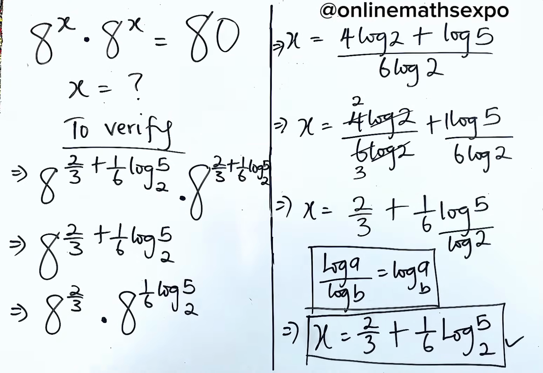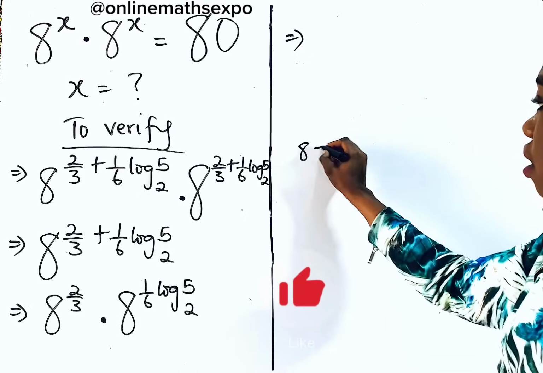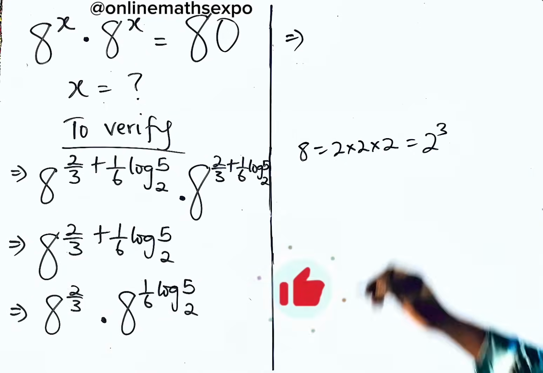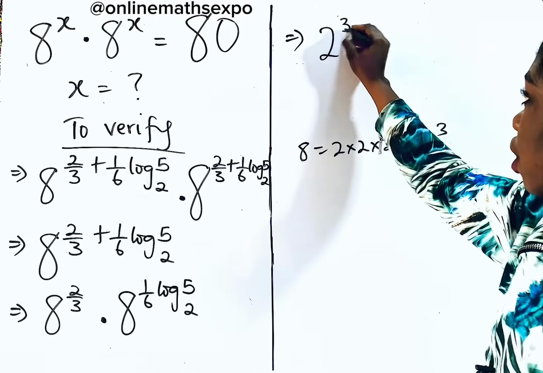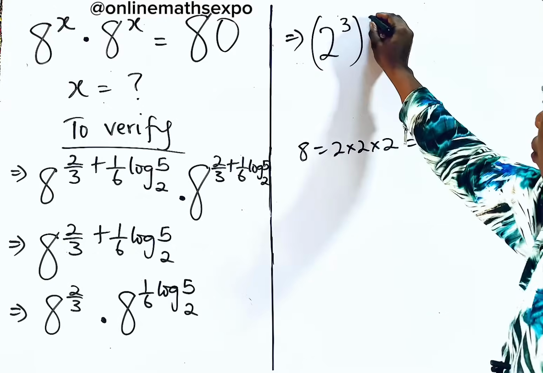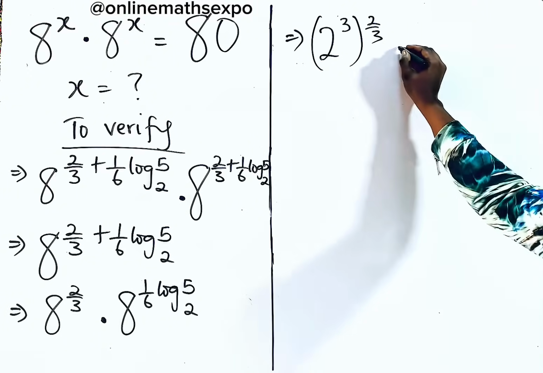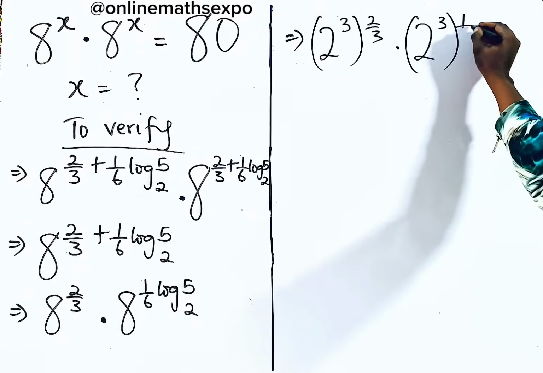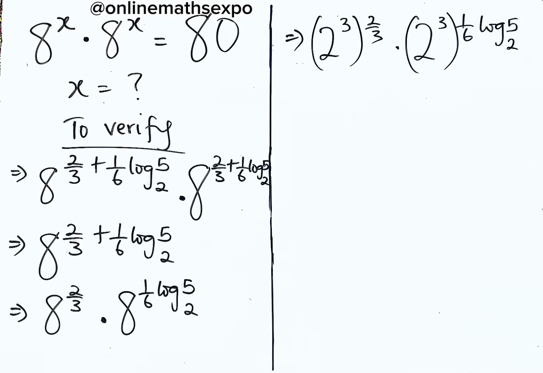So keep simplifying. We know that 8 is 2 times 2 times 2, which is 2 to the power of 3. So we are going to have 2 to the power of 3 raised to the power of 2/3, okay? Then multiplied by 2 to the power of 3 raised to the power of 1/6 of log of 5 base 2.